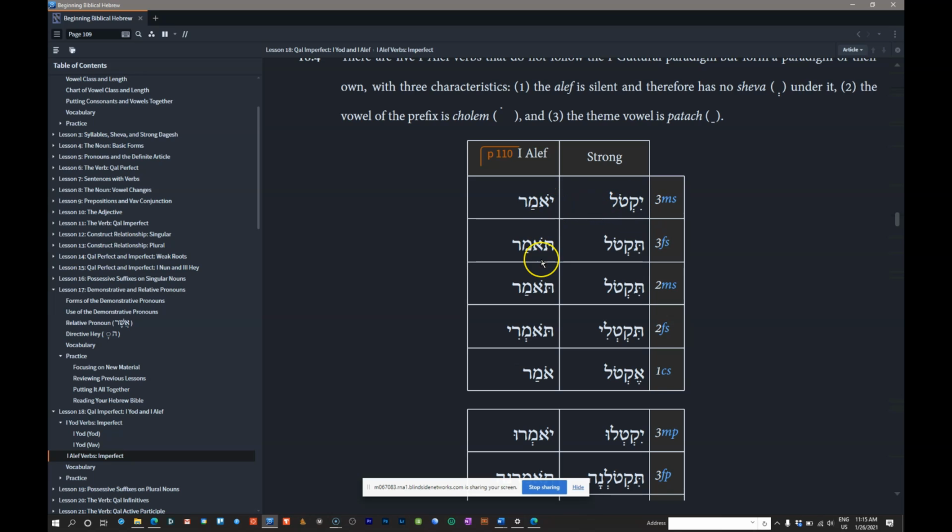But of course, the aleph being a guttural, doesn't like shewas, and it especially doesn't like silent shewas. And the other thing to realize about the aleph in particular, this is not true of all gutturals, but this is true of the aleph. When the aleph is supposed to close a syllable, just like the kaf does here, something happens. There's a phenomenon that the aleph experiences called quiescence.